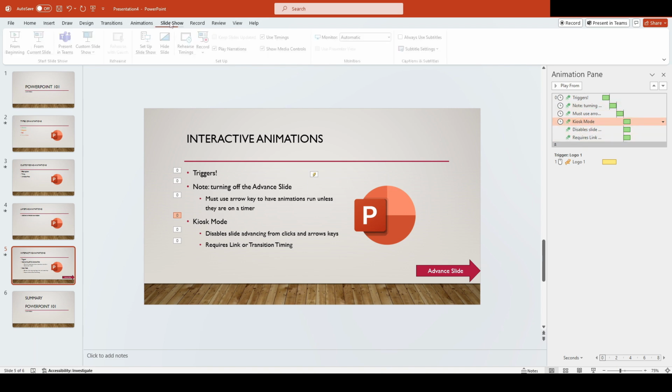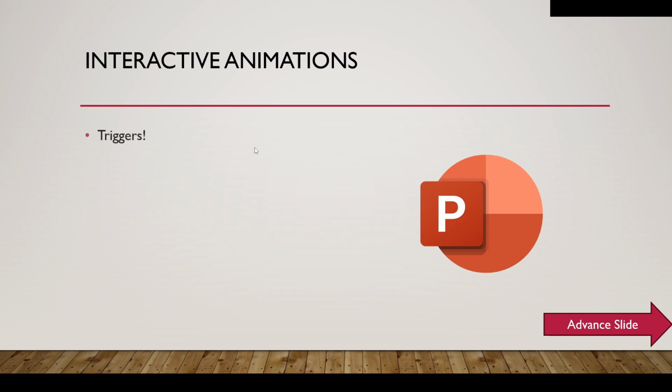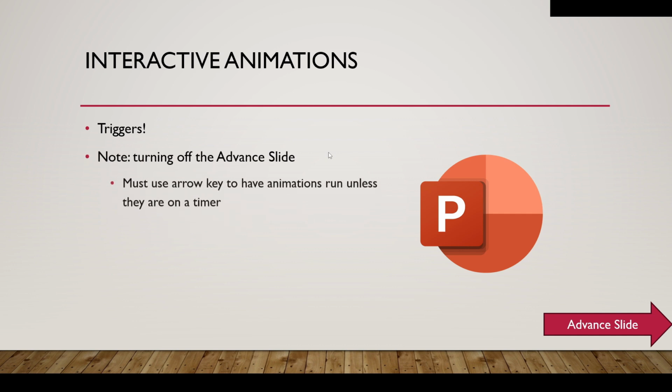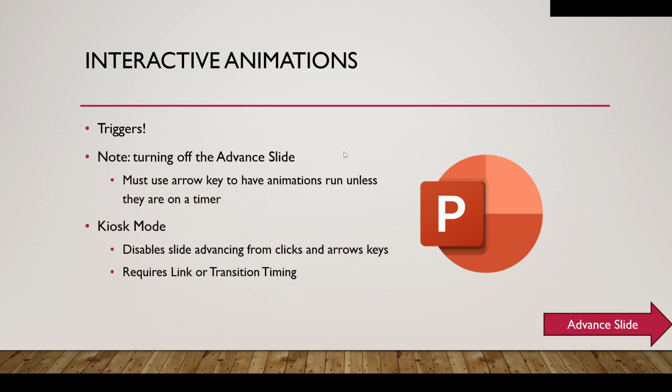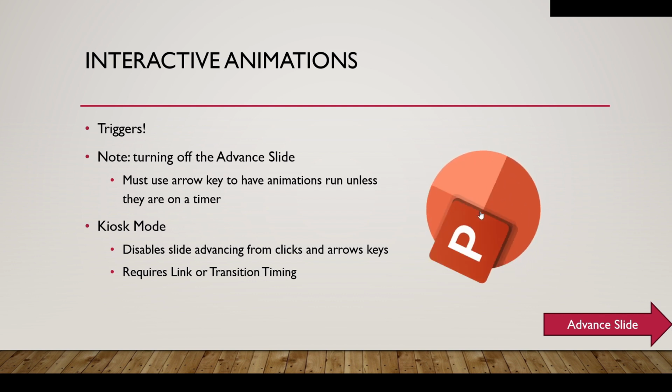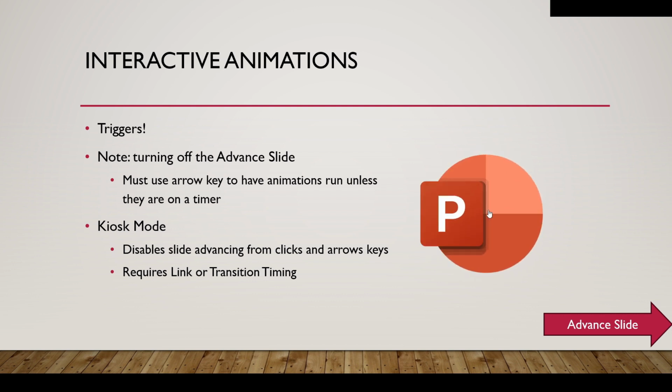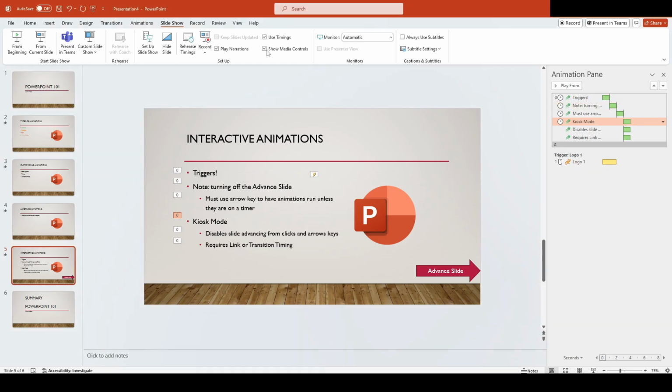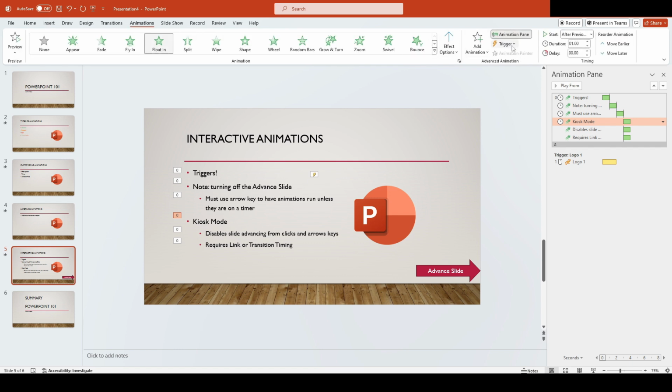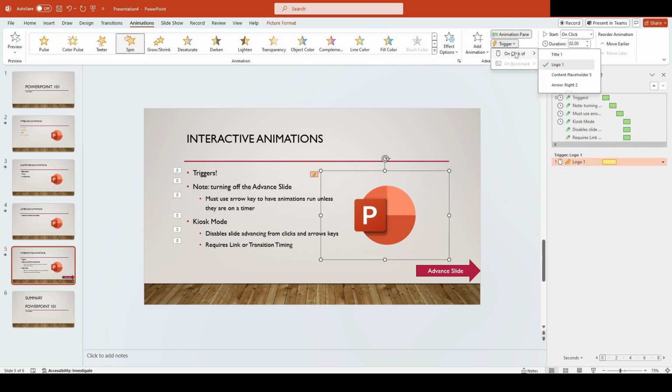So let's look at it in the slideshow mode. All of our items are showing up. I can't click anywhere. This one has a mouse over it. I can click on this item. So let me show you how we set up the triggers. In animations, we have a trigger. We click on this button, click Trigger, and say, on the click of this logo.